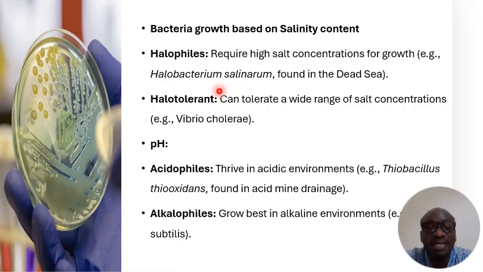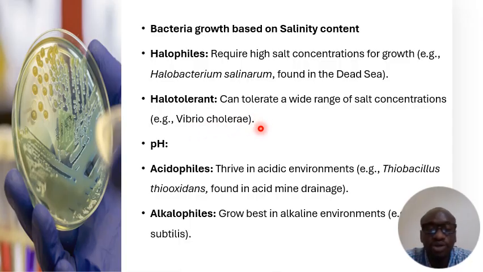They are found in hypersaline environments like the Dead Sea. Everybody knows the Dead Sea is rich in high salt content where no organism can survive, but halophiles are found surviving in this environment. We have those that are called halotolerant, meaning they can tolerate a wide range of salt concentration. Example is Vibrio cholerae.